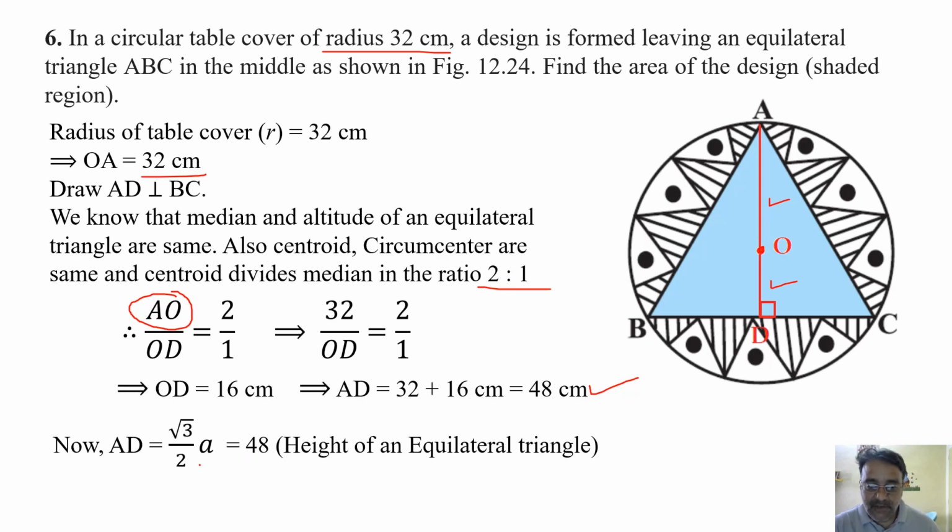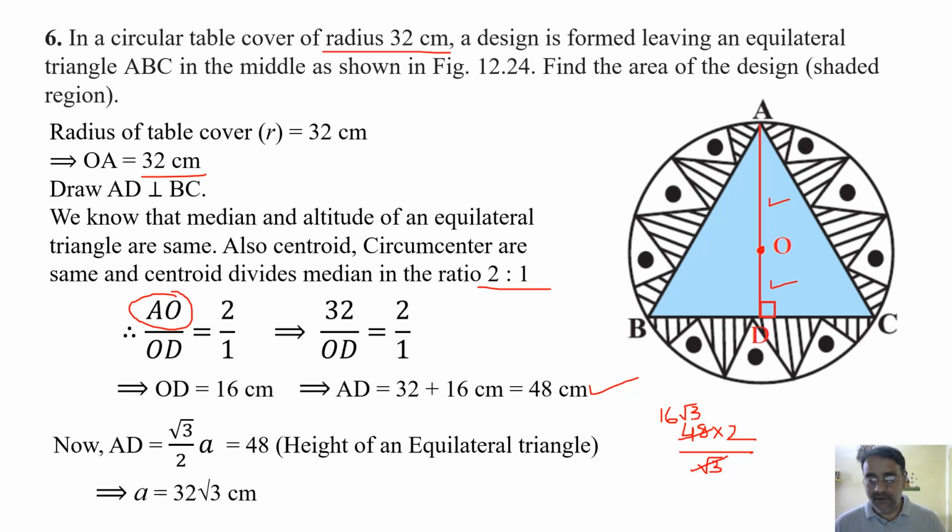From this formula we'll get the value of a. So a is equal to 48 into 2 upon √3. 48 is 16 into 3. If we divide by √3, we will get 16 √3. So 16 √3 into 2. Otherwise you can rationalize also, this is the direct method. So we will get a equal to 32 √3 centimeter. Okay, so we got what we needed.